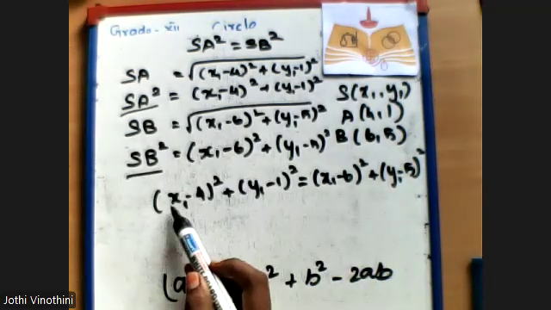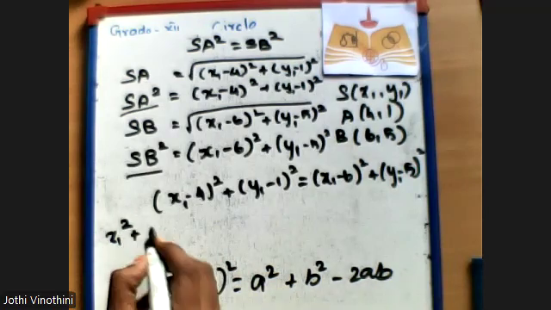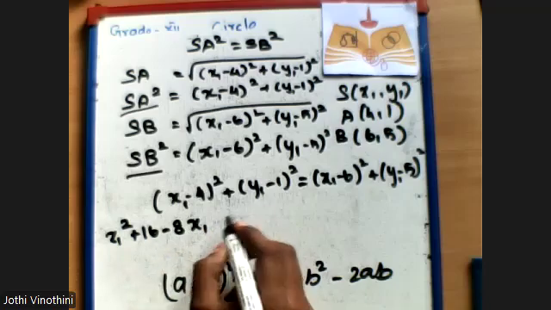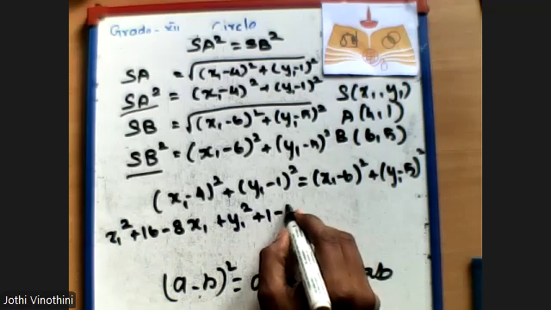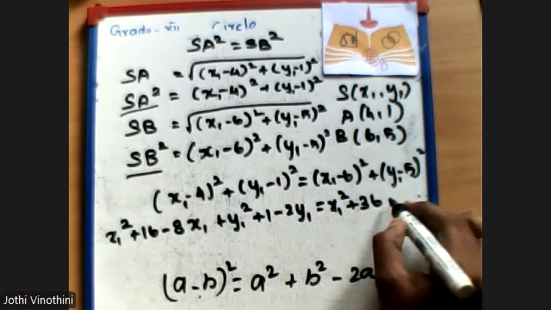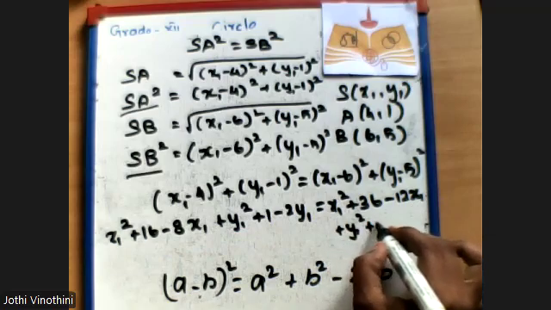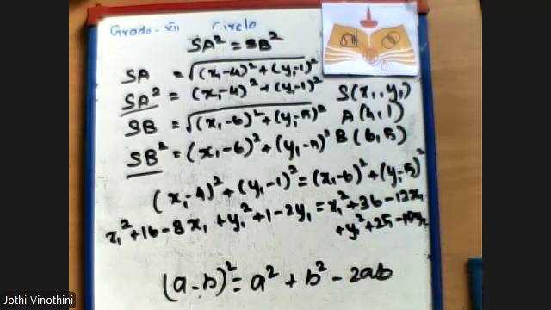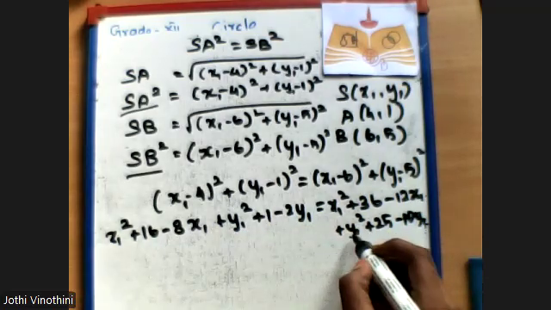Expanding: x1 squared plus 16 minus 8x1, plus y1 squared plus 1 minus 2y1, equals x1 squared plus 36 minus 12x1 plus y1 squared plus 25 minus 10y1. So in both places, we have to check for common terms.